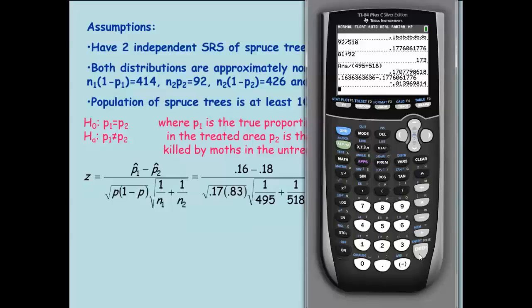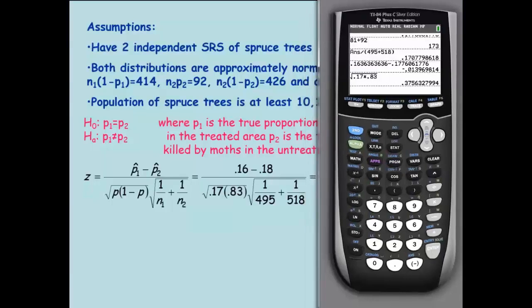I'm going to keep that number handy for just a moment. I want the square root, and I'm doing this piece right here, of the 0.17 times the 0.83. Alright, that gives me that number.